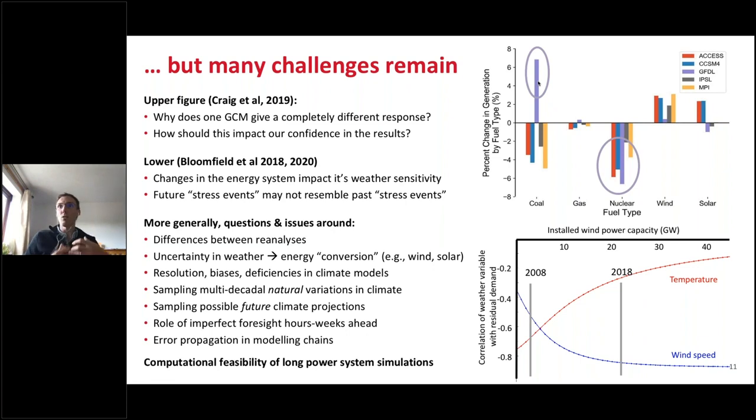So to me, that raises the question of why that one model is doing something very different. The energy model is identical, so why is that climate data giving us one very different response? And how does that affect our confidence that nuclear is predicted to decrease? So I think we need to start unpacking some of this.